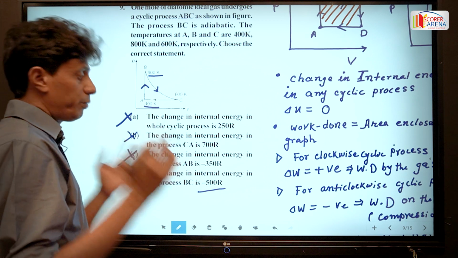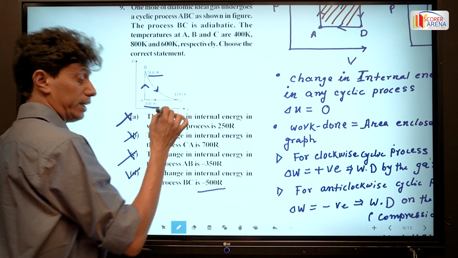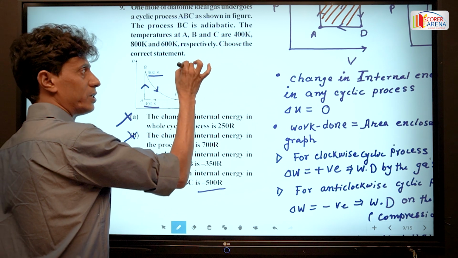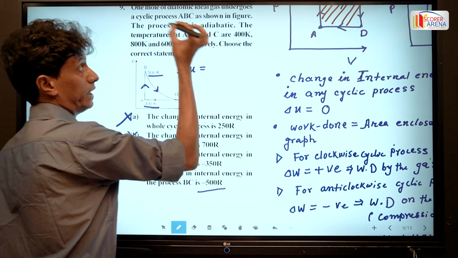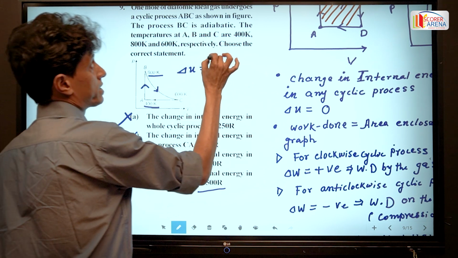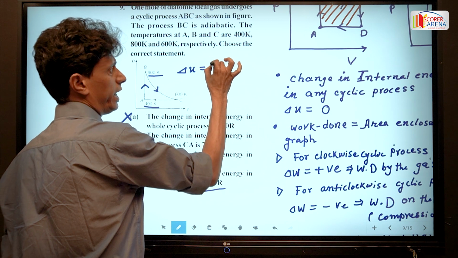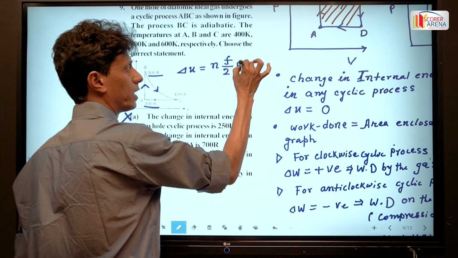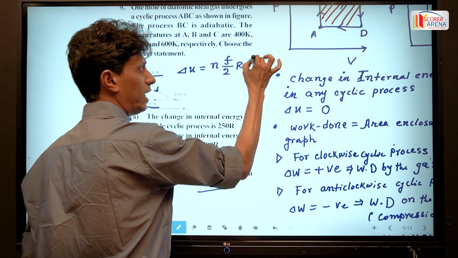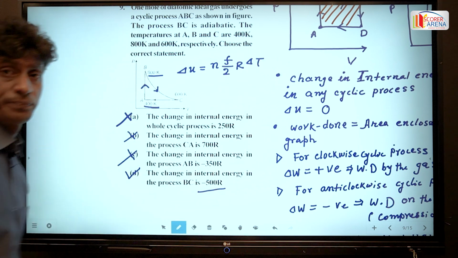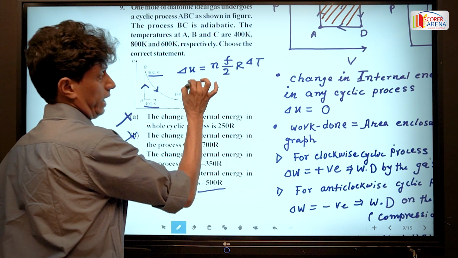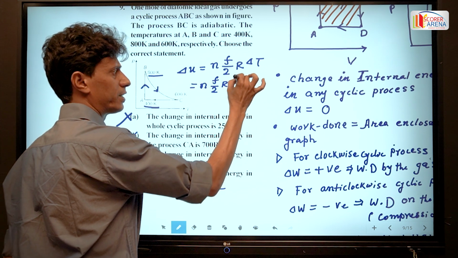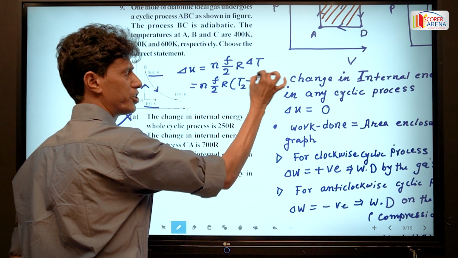If we want to calculate the internal energy change in the process BC, we should write delta U equals n Cv delta T, or better, n f by 2 R delta T, that is the change in temperature, final temperature minus initial temperature.